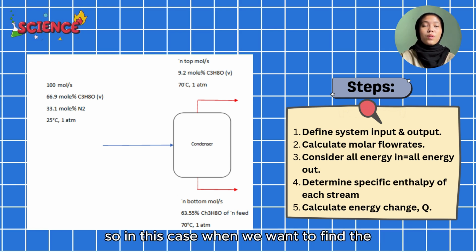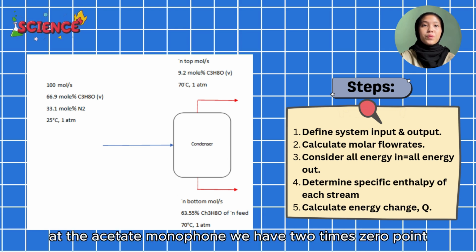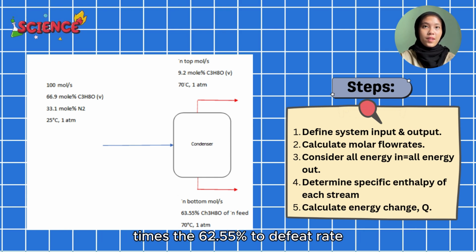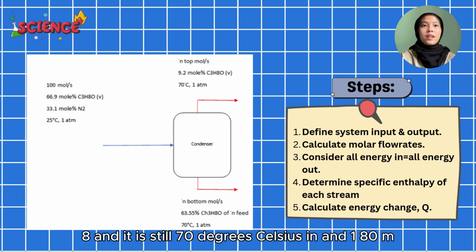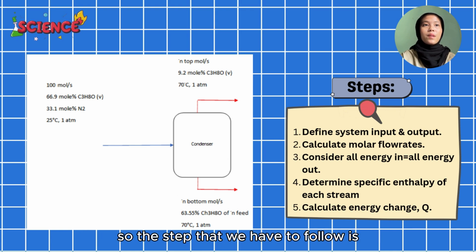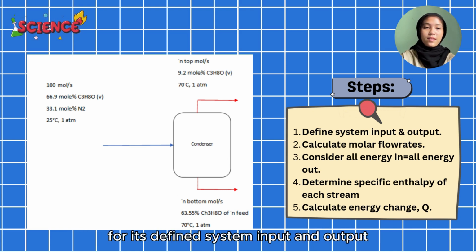So in this case, when we want to find the ethyl acetate molar flow rate, we have to multiply 0.6355 by the feed rate to get the molar flow rate, and it is still 70 degrees Celsius and 1 atm. The steps that we have to follow: first, define the system input and output, which we have done just now.